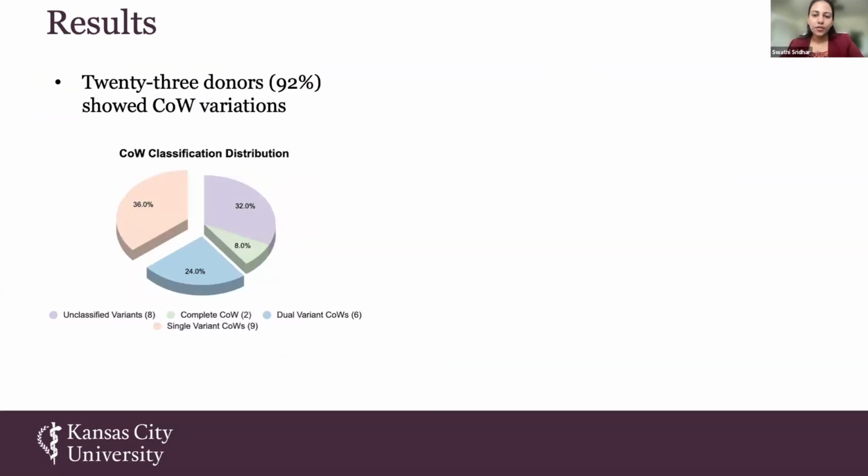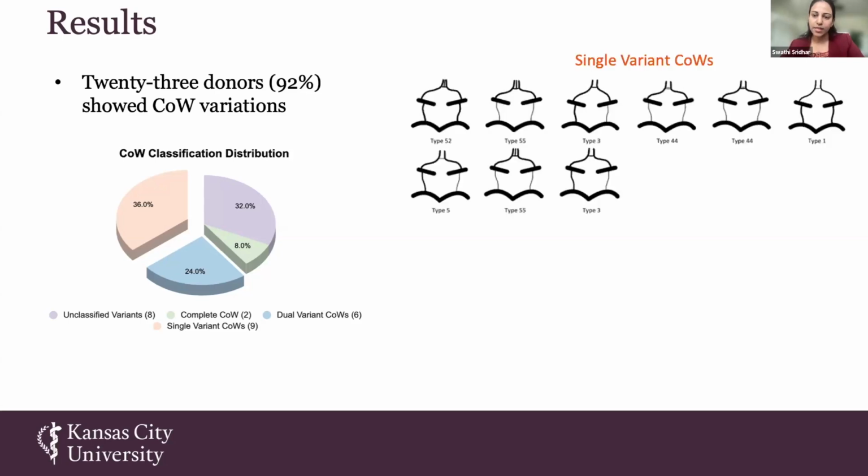So in terms of our results, out of our 25 cases, we saw variation in 23 cases, which comprised about 92%. And out of these 23 cases, 9 cases, comprising 36%, showed a single type of variation according to the classification system used. And those numbers are provided under each of the classified variants.